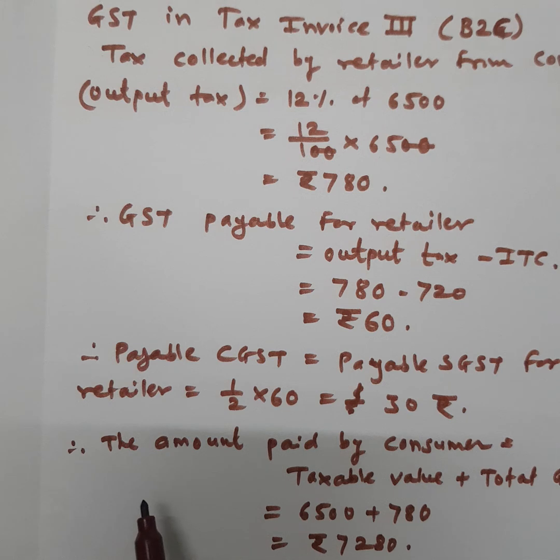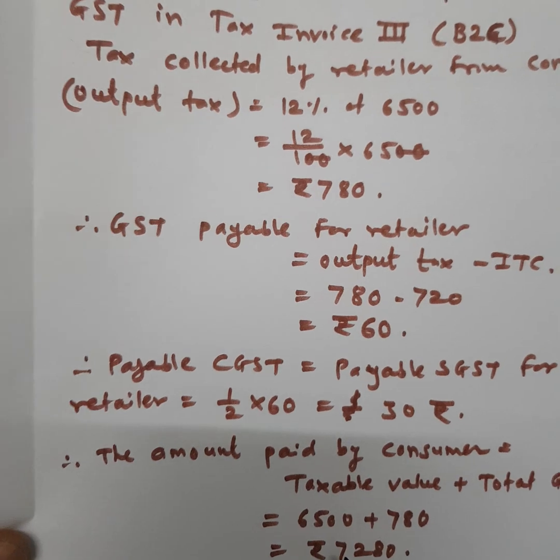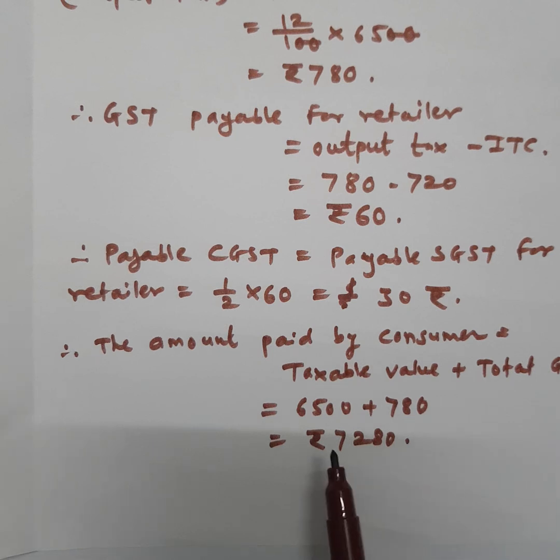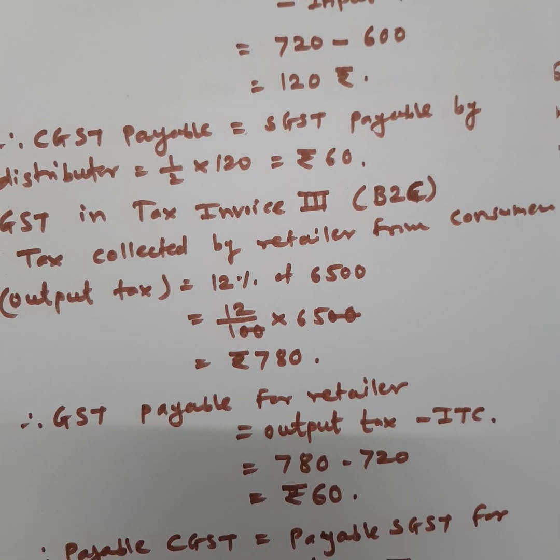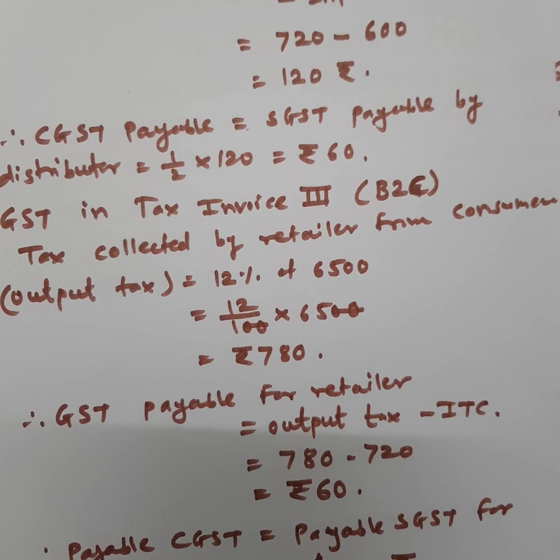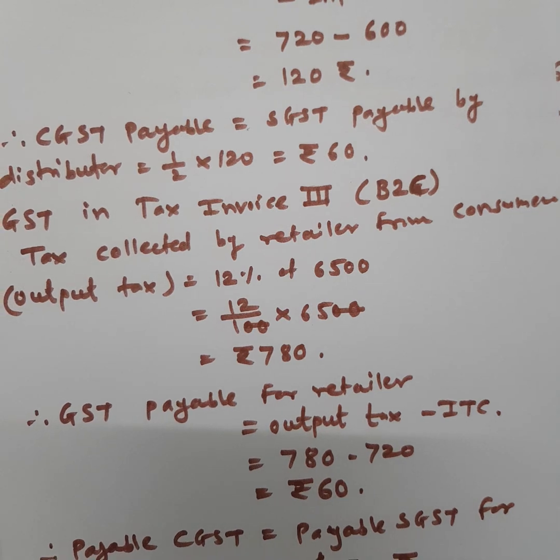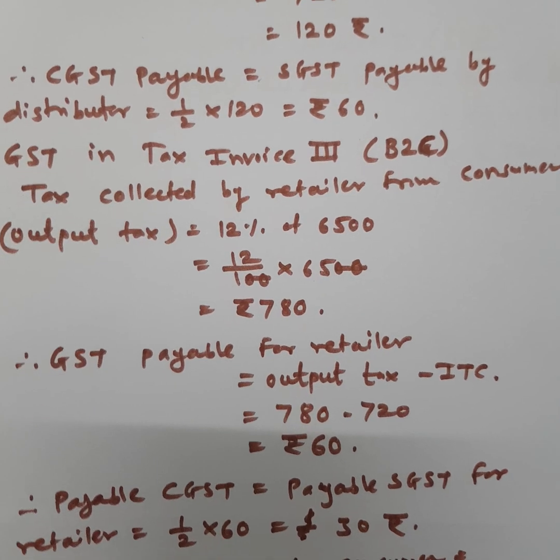And lastly, we have asked what amount is to be paid by the consumer. For consumer, the total amount will be taxable value plus GST, that is 6500 plus 780 is equal to 7280 rupees. Then last question was, write which of the invoices issued are B2B and B2C.